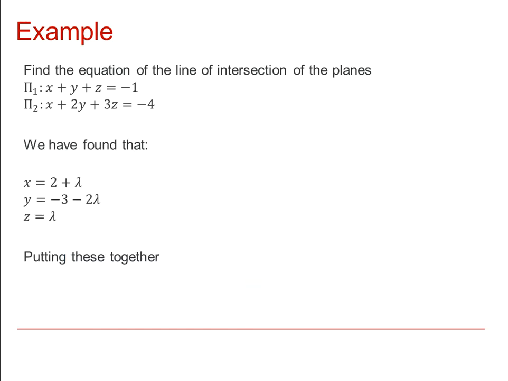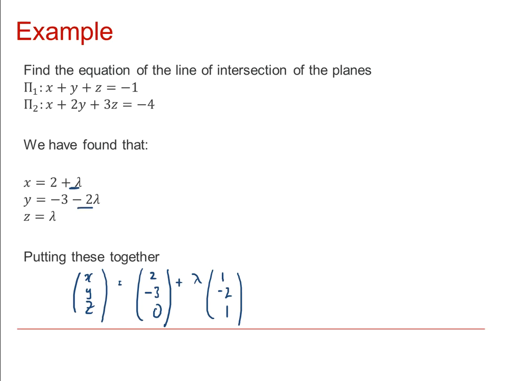If we now put those equations together, we can see that we have x, y, z is equal to, well, we've got the values without lambda in them, so x is 2, y is negative 3, and z is 0, and then lambda times 1, negative 2, and 1, and those are simply the coefficients of lambda, 1, negative 2, and 1.